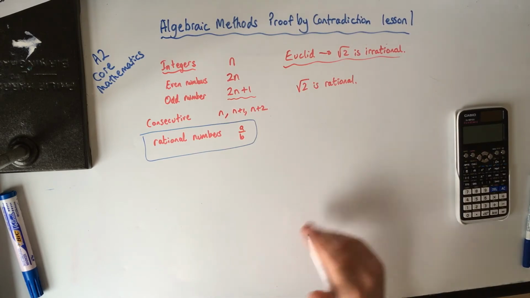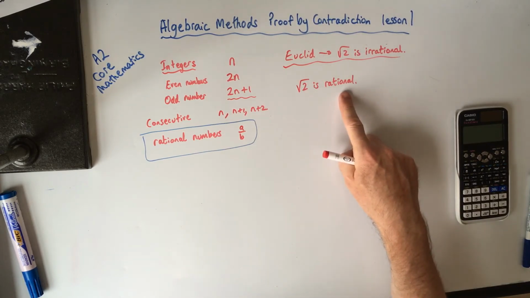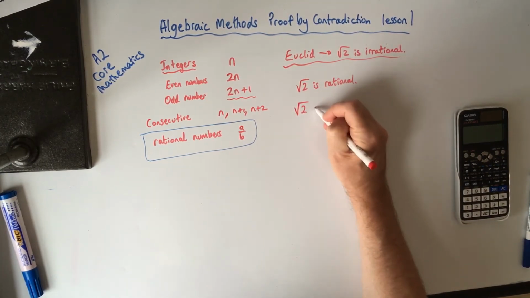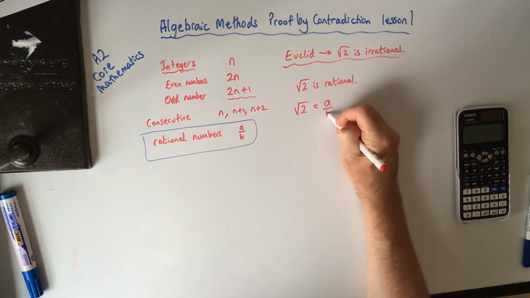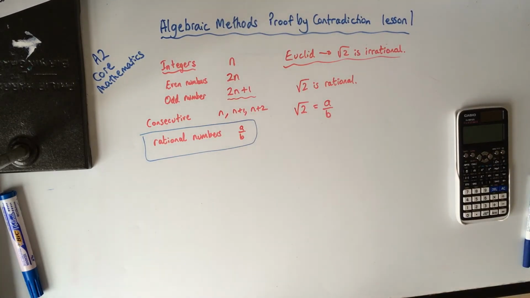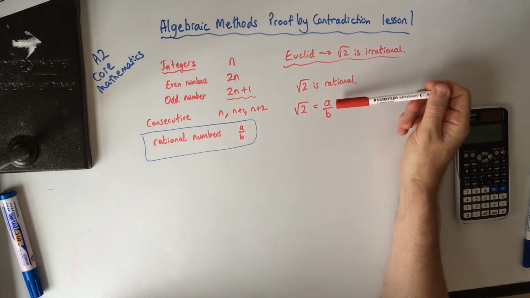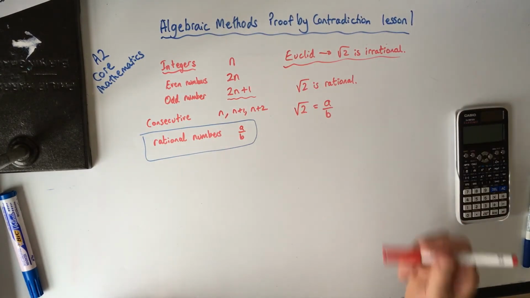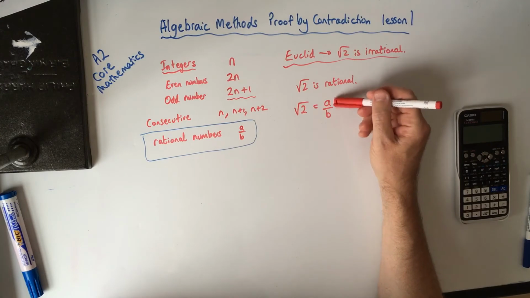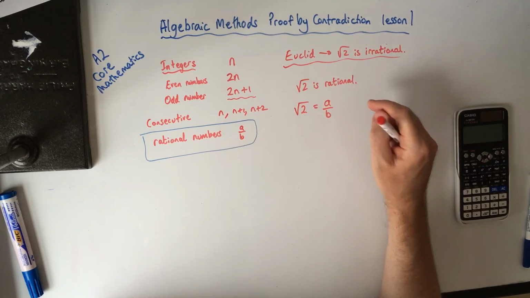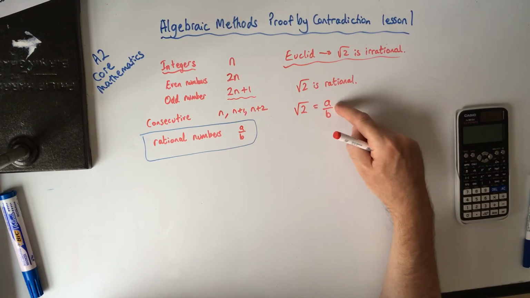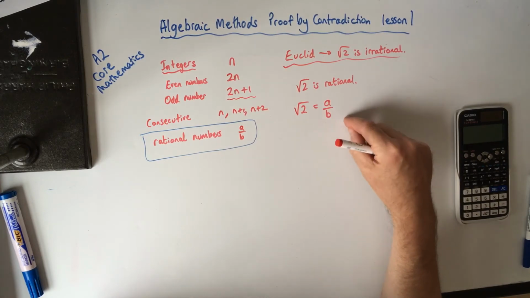So if we say that root 2 is rational, we're saying that root 2 can be written as one integer over another integer. Now let's think about this before we start. Fractions have a property: you can cancel them down into their simplest term. Imagine that a over b is cancelled down into its simplest term.